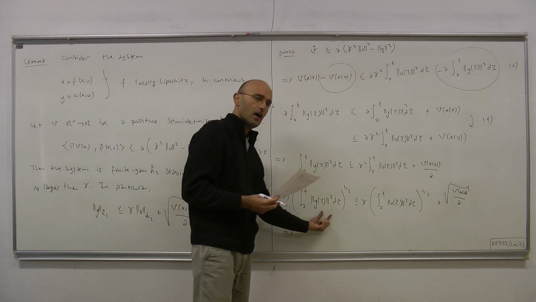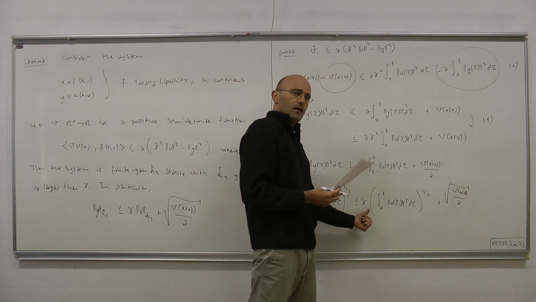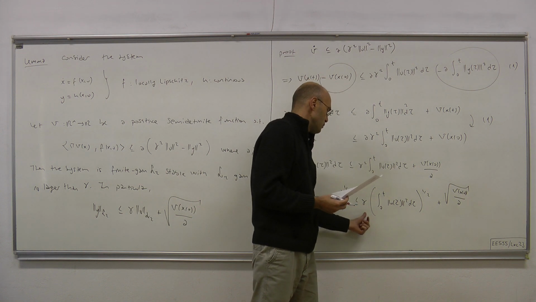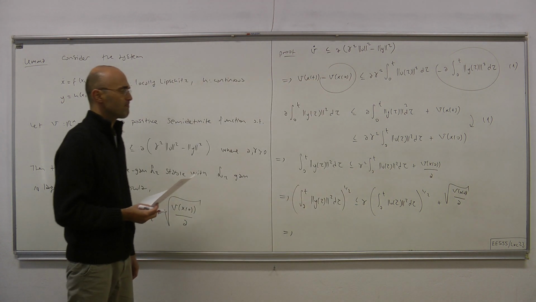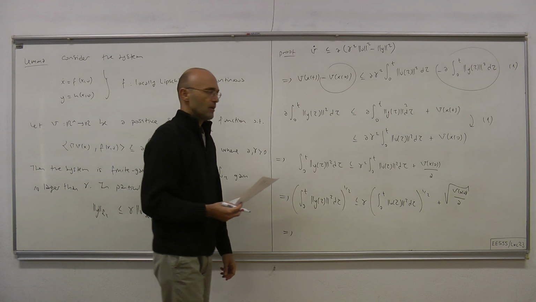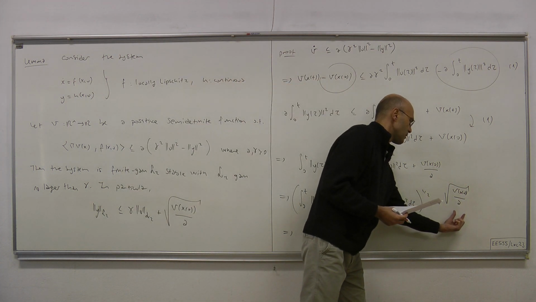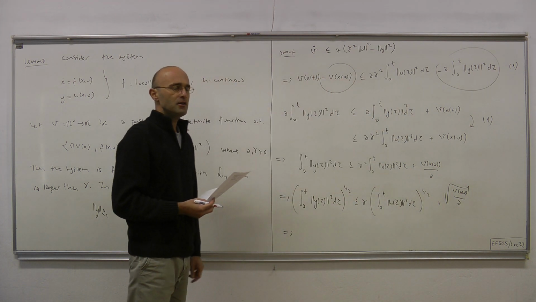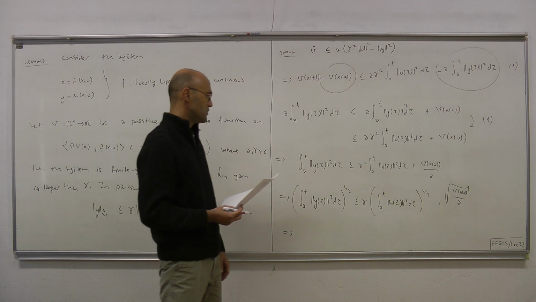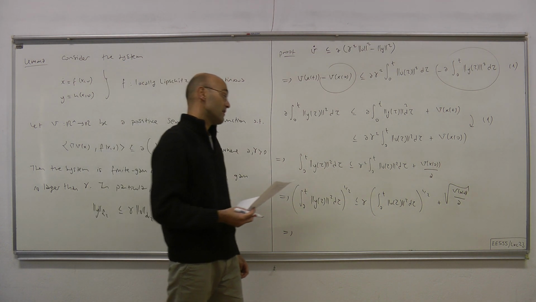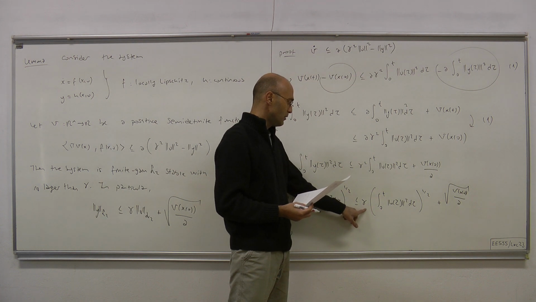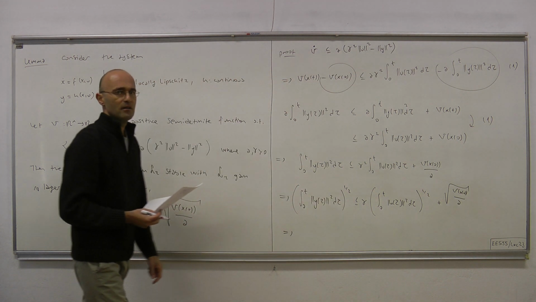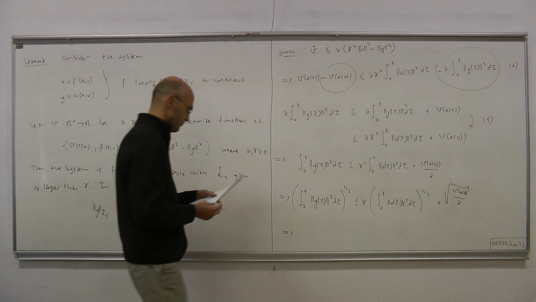The L2 norm of the output is bounded by the L2 norm of the input times a constant plus some constant that is determined by the initial condition. Therefore, the system is L2 finite gain, L2 stable with gain gamma, or something smaller perhaps.